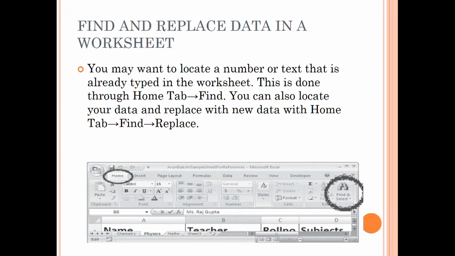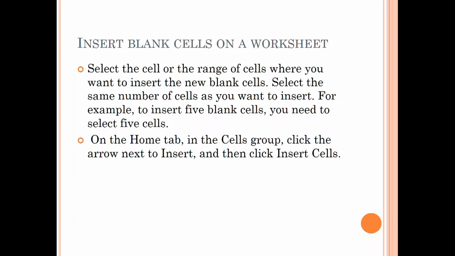This is done through the Home tab. If you look in the Home tab, you will find a Find option. You can also locate your data and replace it with new data with the Replace option, which is also found under the Home tab, as you can see in the screenshot. So, the Find and Replace option helps you to find some particular data or even replace that data with some new data. Now, insert blank cells on a worksheet.